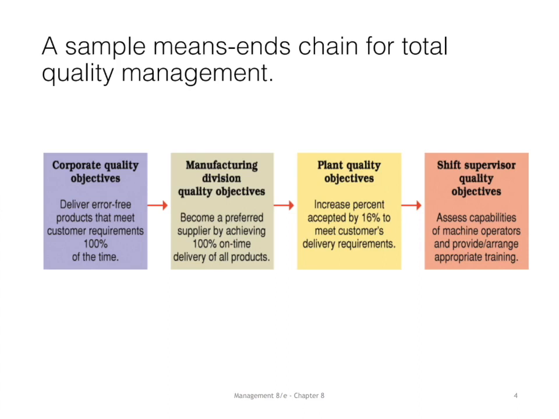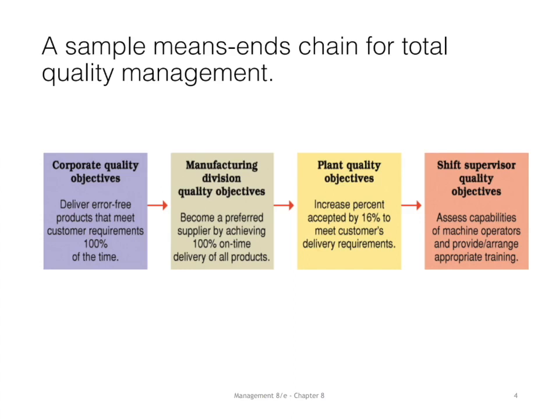For example, here corporate quality, manufacturing division, plant quality, and then supervisor quality. That means total for all departments in this management.